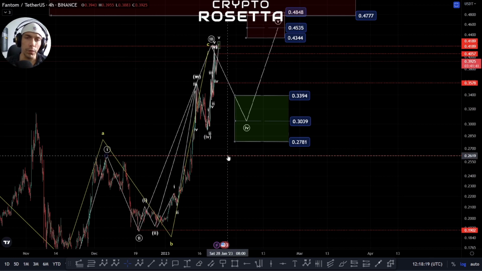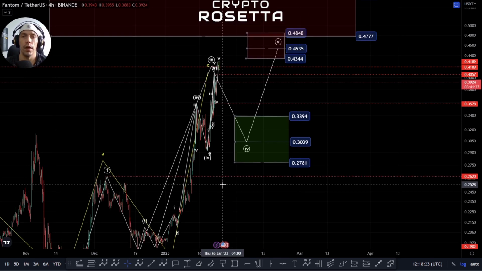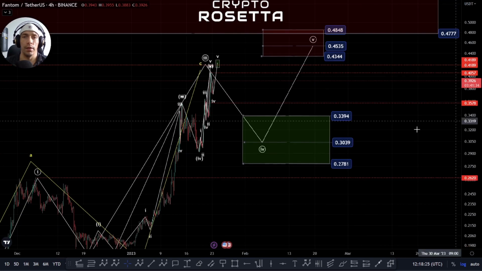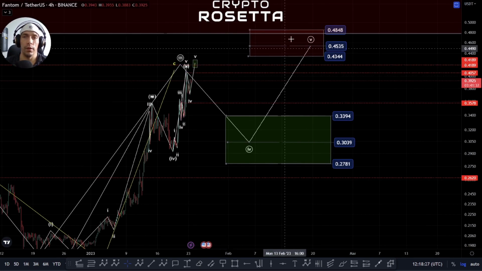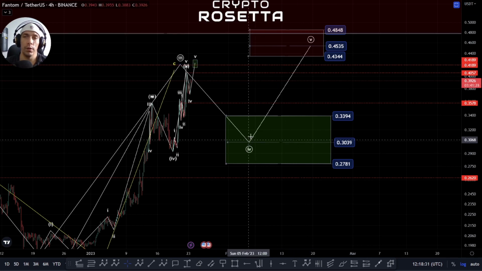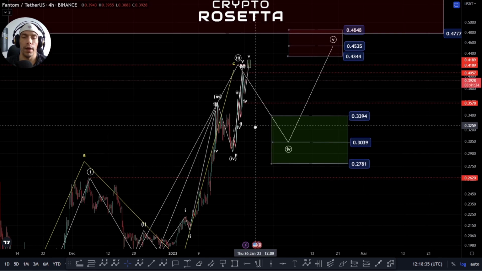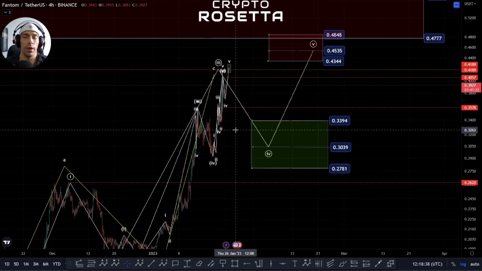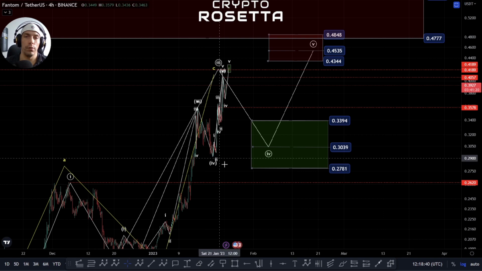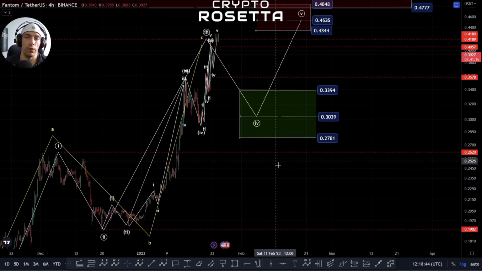So we just need to get that confirmation of this structure, and basically see whether we get this additional 4th and 5th wave up. If we fail to hold this zone here, then it would indicate to me that we have to look at this just as a 3-wave move, or potentially we could get a 1-2 within here.